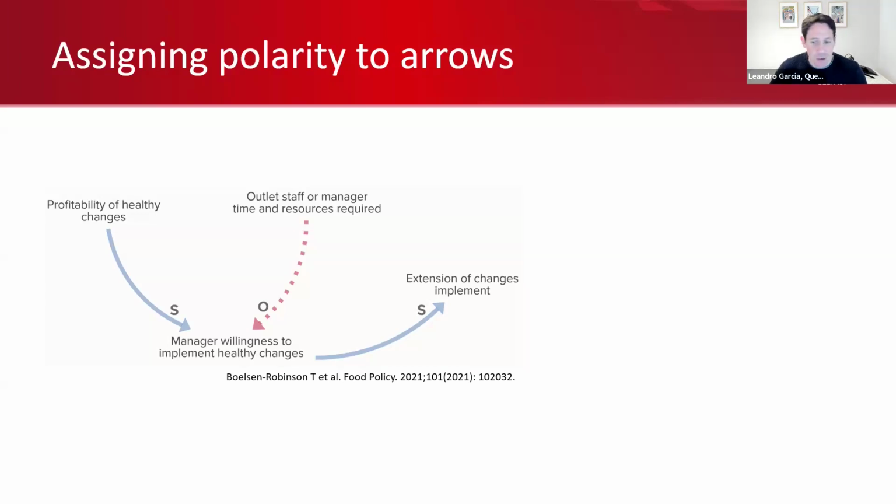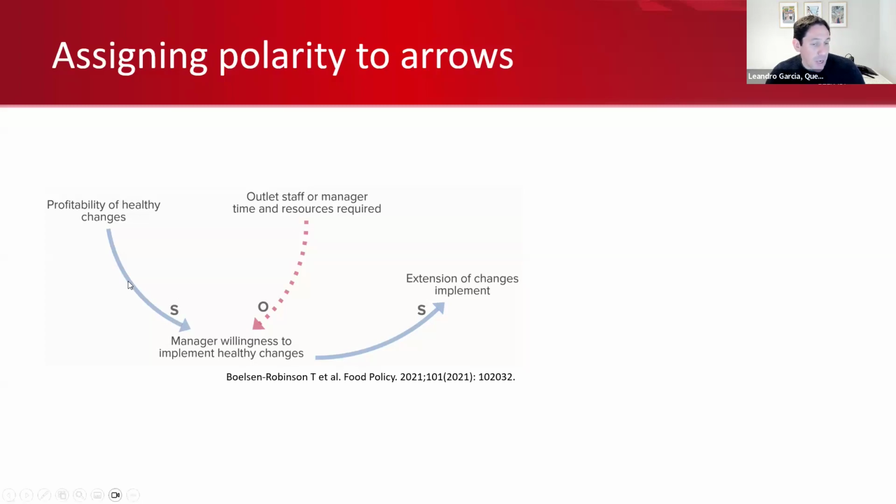The S beside the arrowhead means that the two variables go in the same direction, the equivalent of the plus sign in some of the other CLDs you saw. And the O means opposite direction. So when outlet staff and manager time and resource required go up, the willingness goes down. Some people, depending on how they read the map, might make the mistake of marking this as a negative polarity.